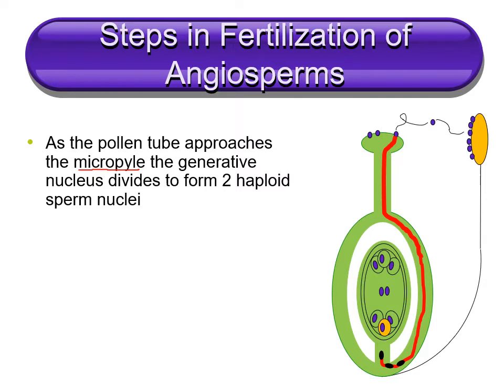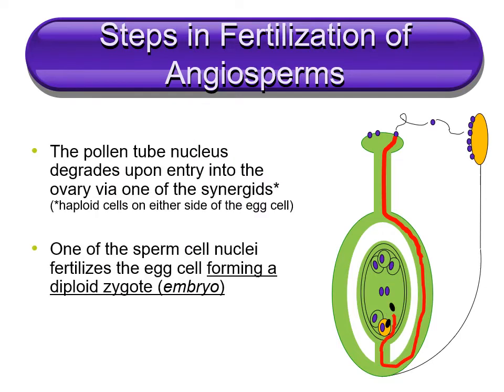So as the pollen tube approaches what we call the micropyle, that's the opening to the ovary, the germ cell divides into two sperm nuclei. All right, so remember how I mentioned there would be three ultimately. So we end up with these two haploid sperm nuclei. They have half the normal amount of DNA. They progress into the ovary, and one fuses with this egg cell, forming a zygote that's down here.